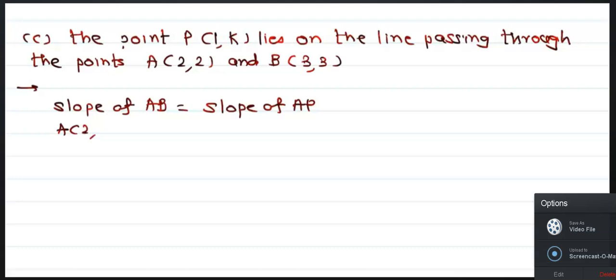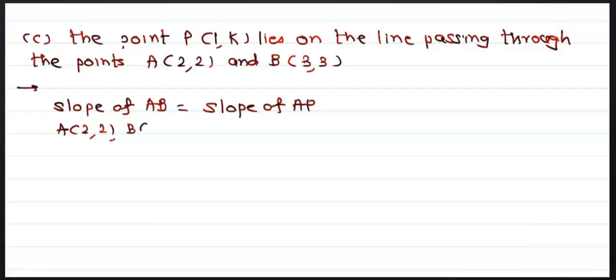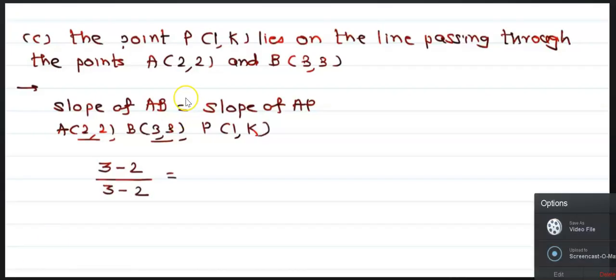We can solve it this way also. Slope of AB is equal to slope of AP. Now see this here. These are the points. Now the slope of AB: this is the point A(2, 2) and B is (3, 3), so 3 minus 2 upon 3 minus 2.